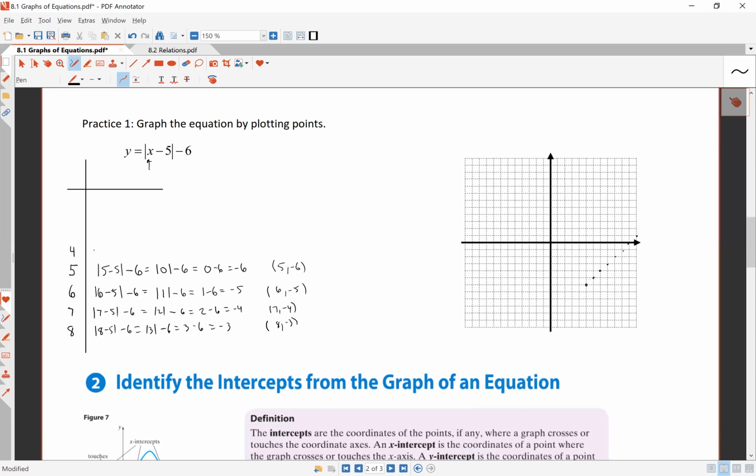On the other side at 4, we have the absolute value of 4 minus 5, minus 6. The absolute value of 4 minus 5, that's negative 1 in absolute value, and the absolute value of negative 1 is a positive 1. Take away 6 is negative 5. So we're going to go up on the other side.